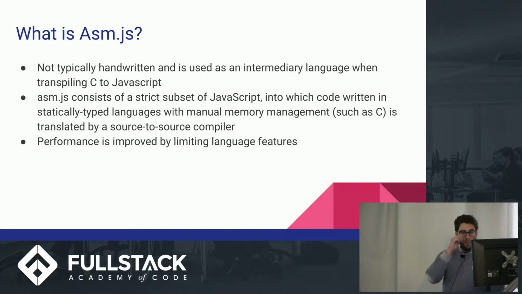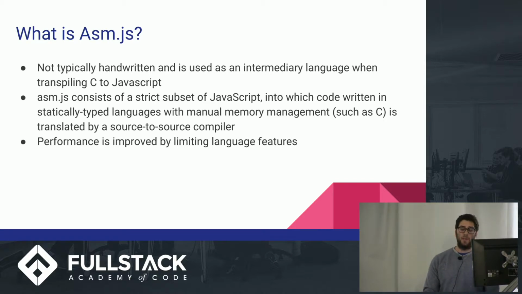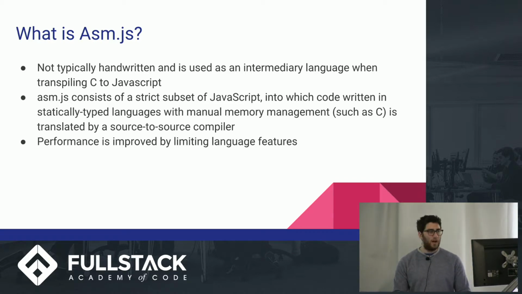So what is Asm.js? I think this is actually more important than what is Emscripten, just because this is something that is starting to get a lot of traction, and is actually able to be used in browsers currently. Asm.js is a subset of JavaScript, kind of an intermediary language that C is transpiled, or converted, to when it moves to JavaScript.